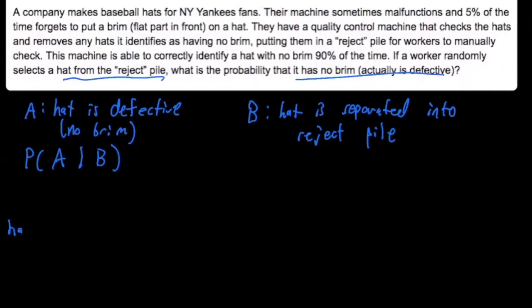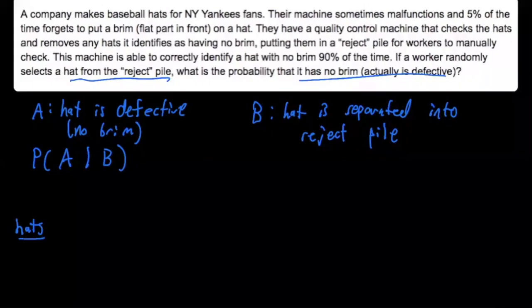So we'll start off with a tree diagram. First we have our big pile of hats, all of our hats, and our hats are either defective or correct. So they either have no brim, or they have a brim. And we know that 5% of the time, we have no brim. 95% of the time, it does in fact have a brim. Next, we're looking at the quality control stage.